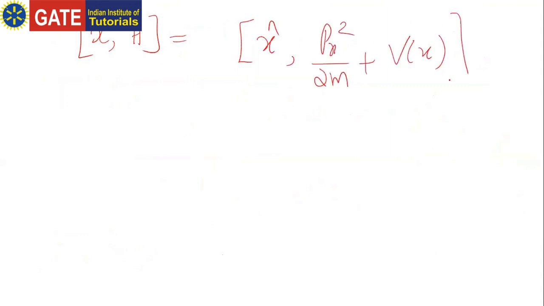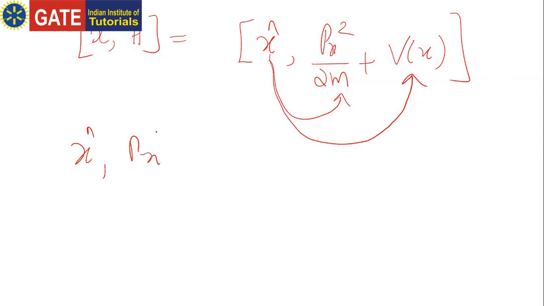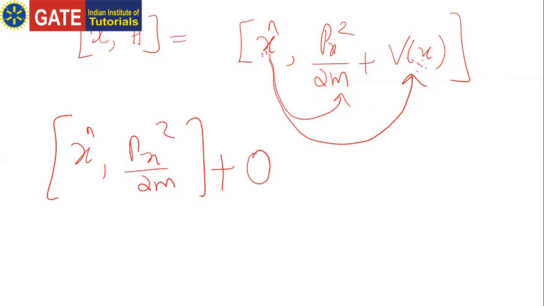Everybody, please listen. We are going to find the expectation of the commutator [x, H], where H is Px squared by 2m plus V of x. That is [x, Px squared by 2m] plus [x, V of x]. This V of x is a function of x only, and x and V of x are both functions of x, therefore [x, V(x)] is 0.